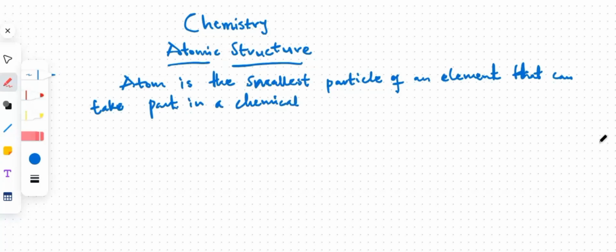And what that means is that we have other small particles, but those ones cannot take part in a chemical reaction. So that will now lead us to what we call the subatomic particles.